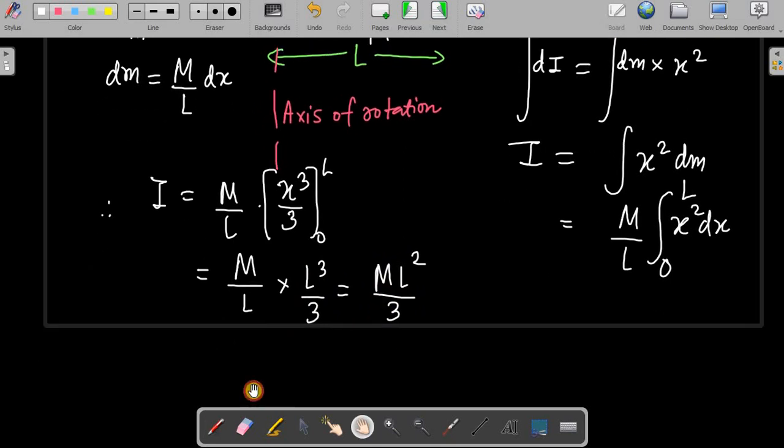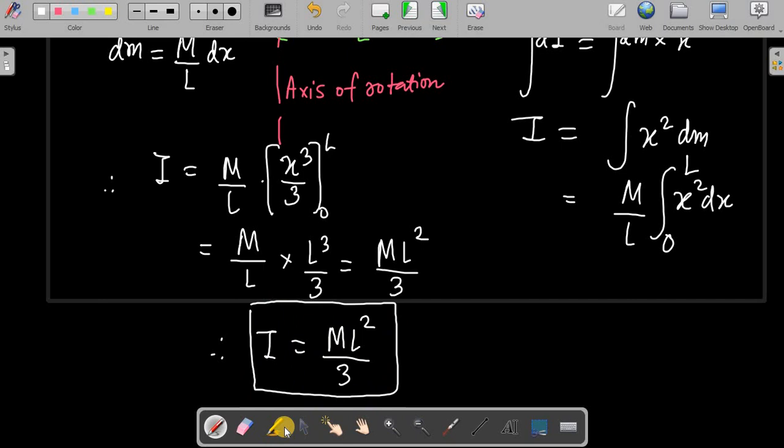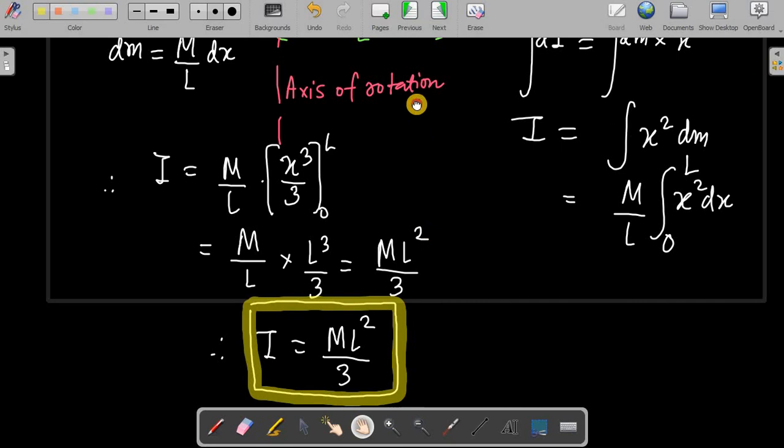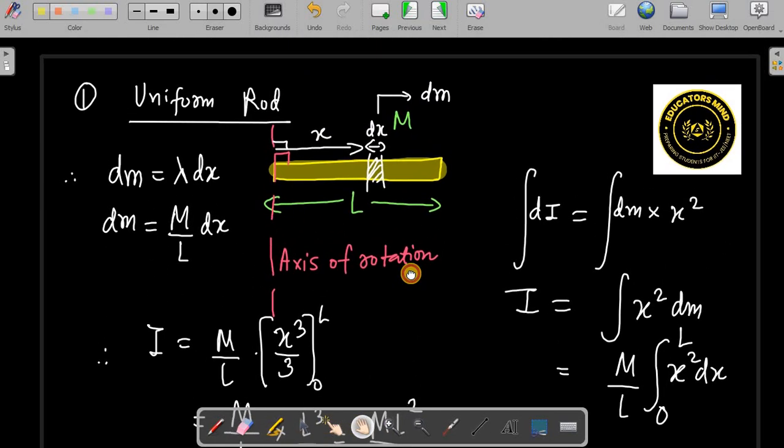So this is an important result you have to note. About the axis passing through the end of the rod, perpendicular to it, the moment of inertia can be calculated as ML square by 3. In the same manner we can calculate about any other axis as well.